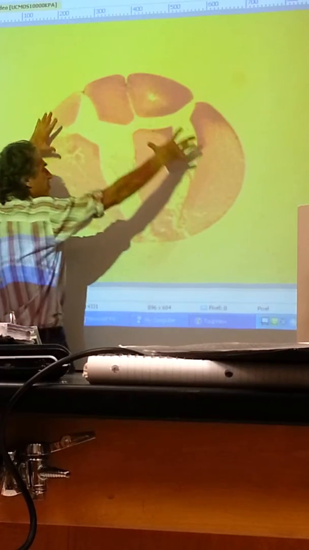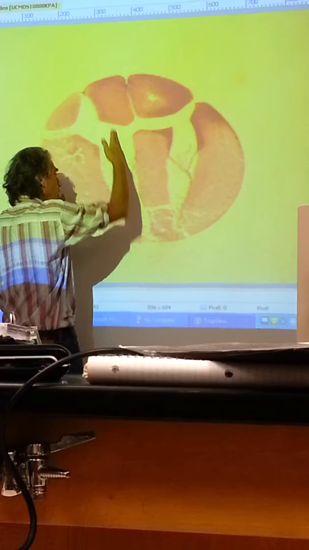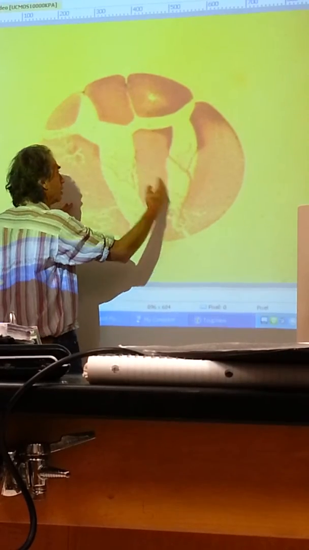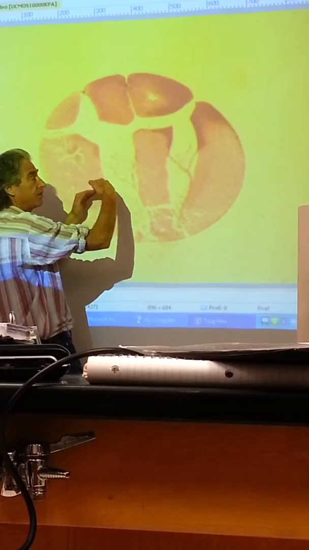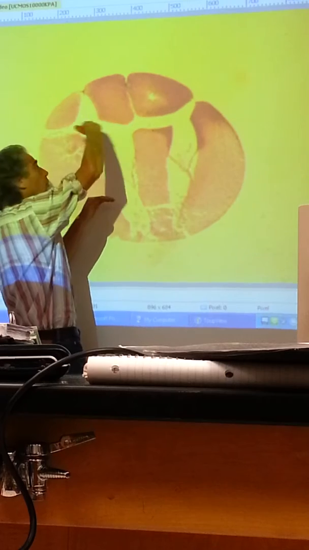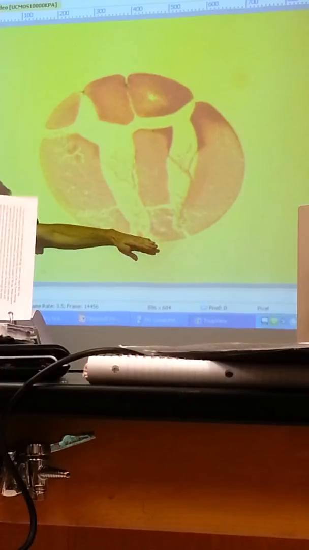Because the yolk has settled down to the bottom and cleavage was hard through the yolk, the third cleavage line was displaced upward, where it's easier to cleave. Does that make sense to everybody? So at this stage, I could already orient an animal pole from a vegetal pole.